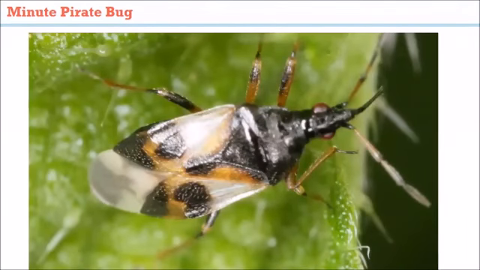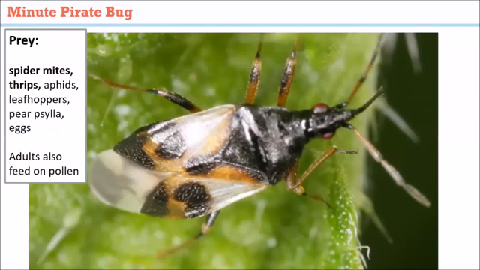All right, so the minute pirate bug is kind of an unsung hero or a workhorse in the orchard, but it's so tiny, it's named minute, that we really don't see it that much. It's a small black insect, and both the adults and the young are predaceous, and it's one of the more important predators of spider mites and thrips in the orchard.